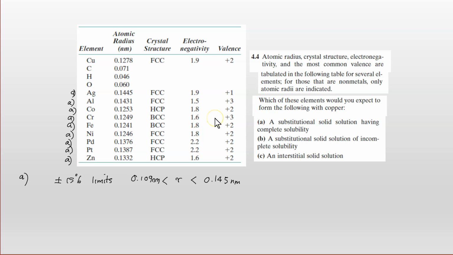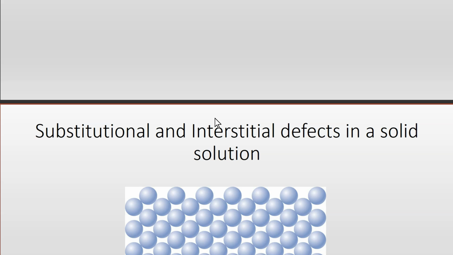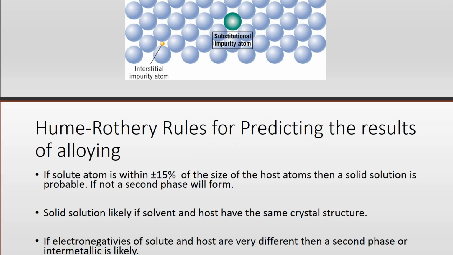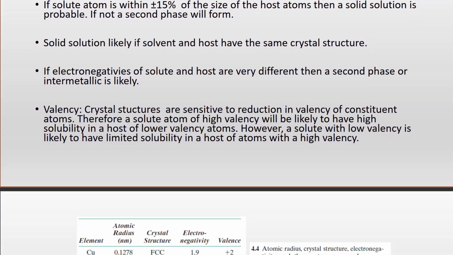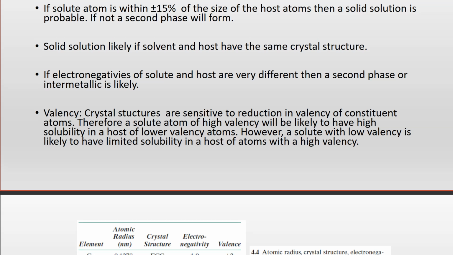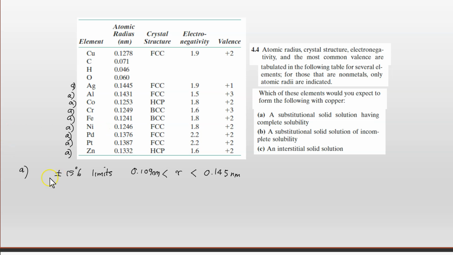So now let's have a look at rule 2. Rule 2 is solid solution likely if the solvent and the host have the same crystal structure. Okay, so let's have a look at same crystal structure. Copper is FCC, so silver, that's good. Aluminum's good.